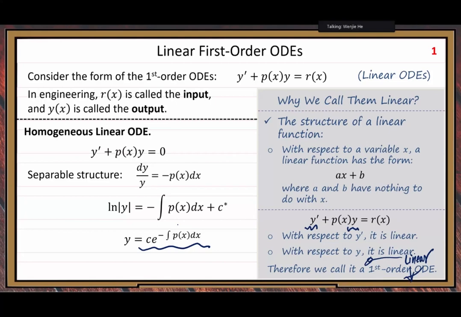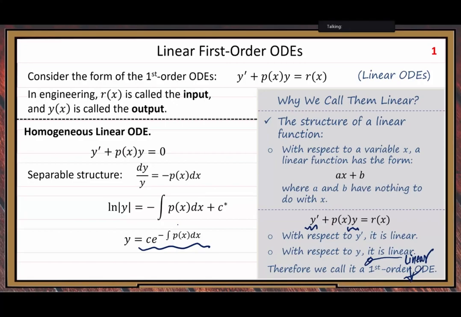But here, everything together, there is a constant. We need to multiply a certain constant in front of this e function. Before that e function, we need to put a certain constant.